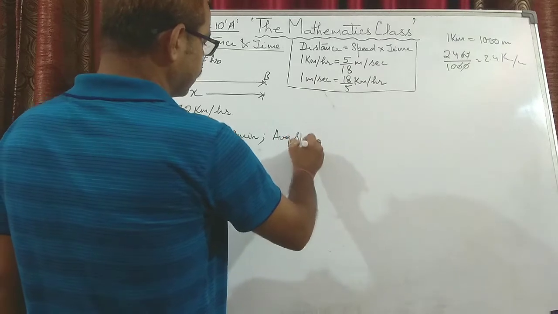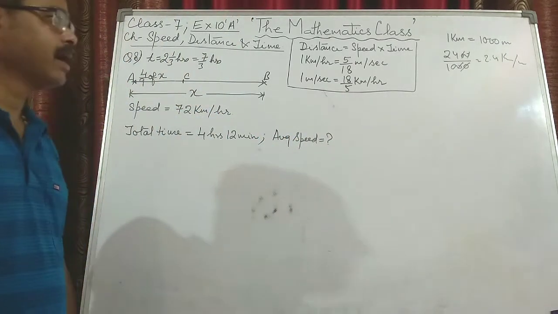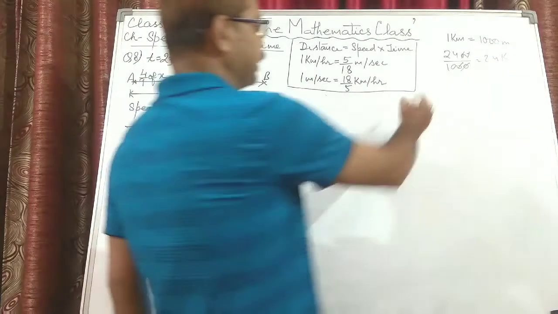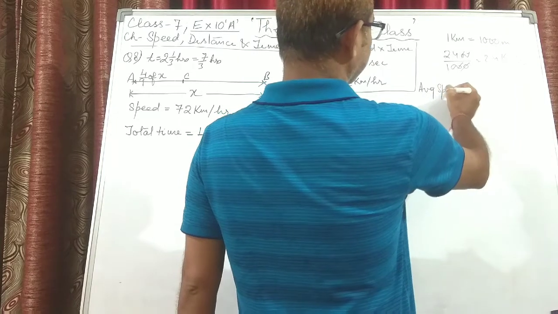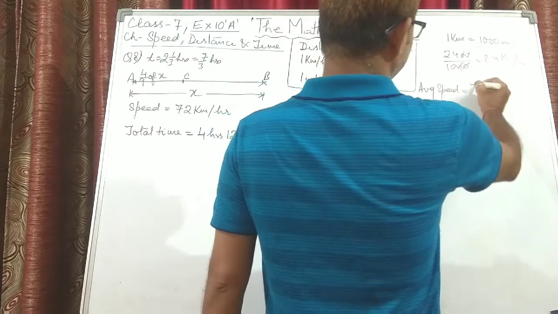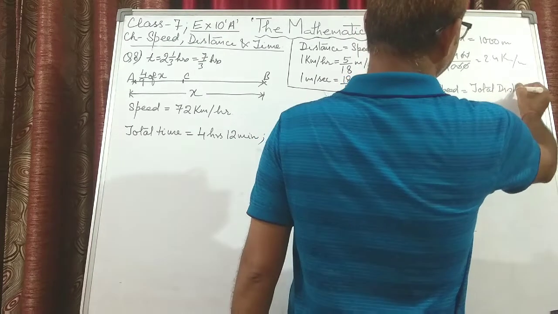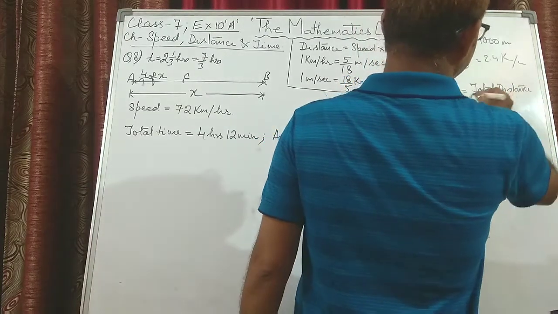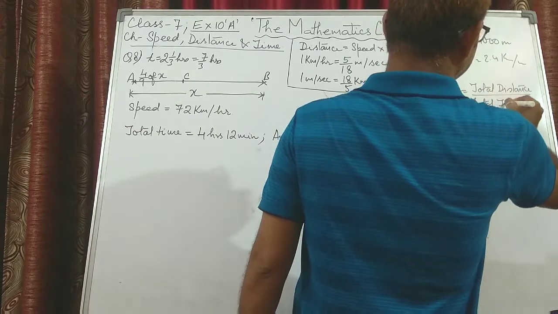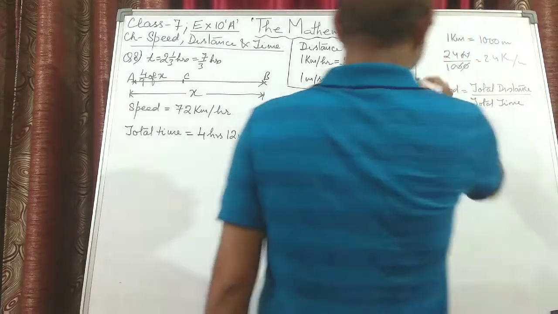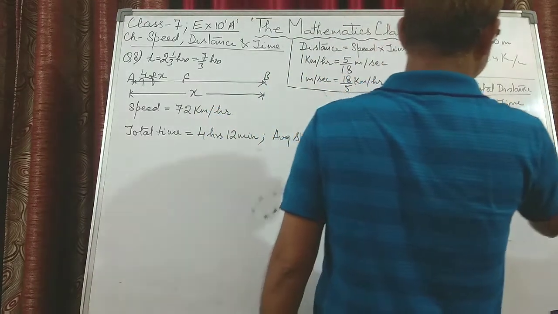So what is the formula for average speed? Average speed is always calculated as total distance upon total time.